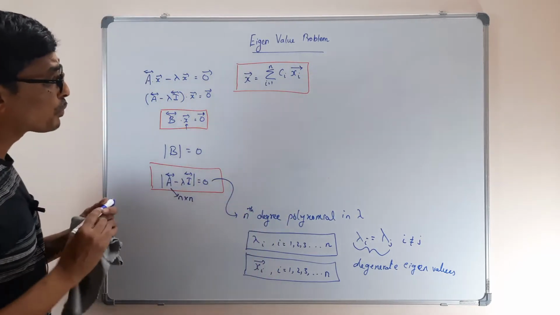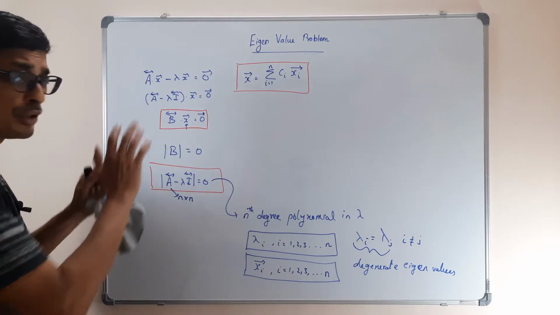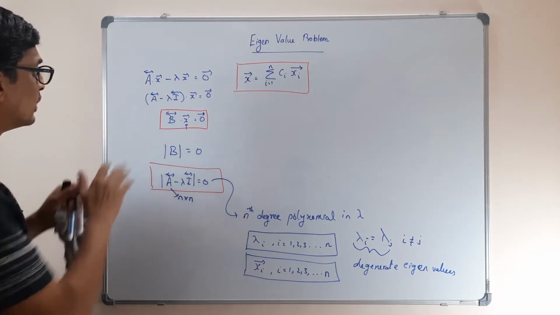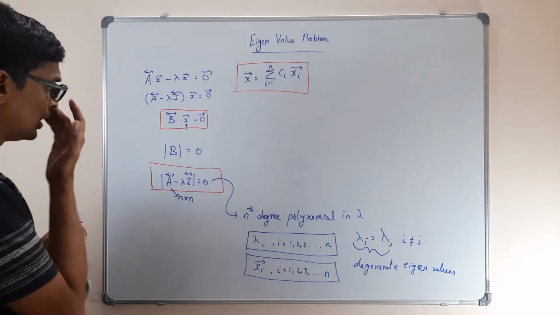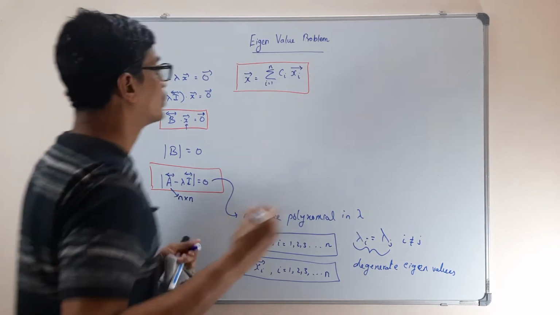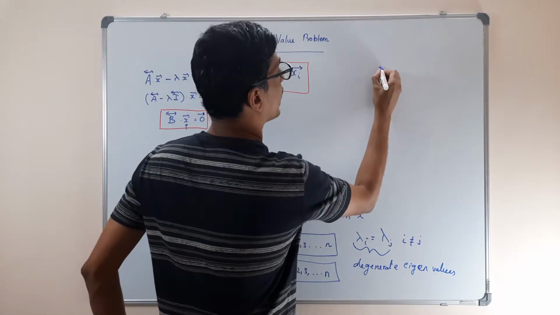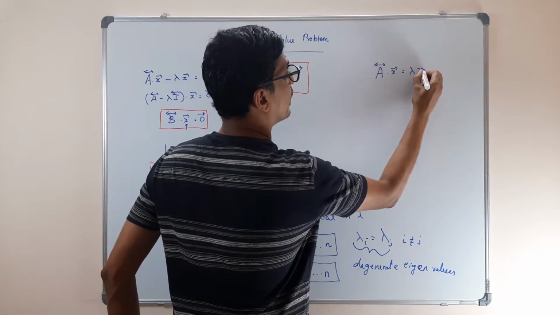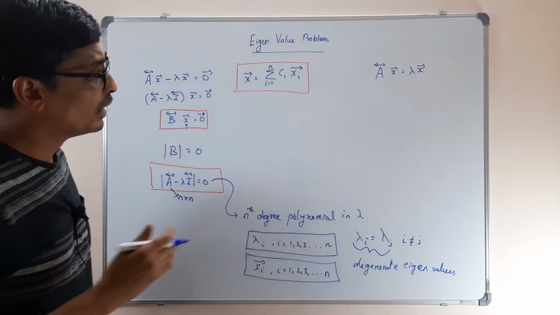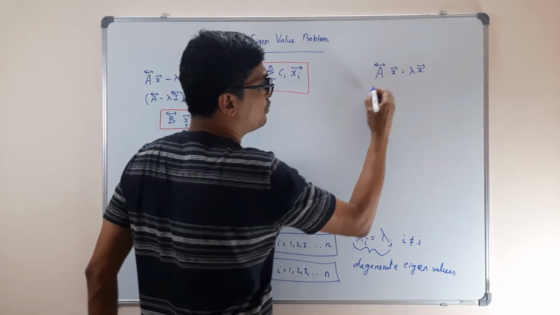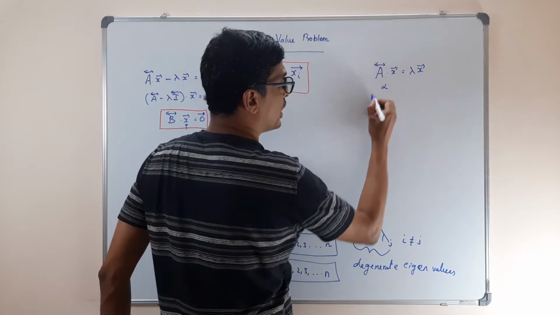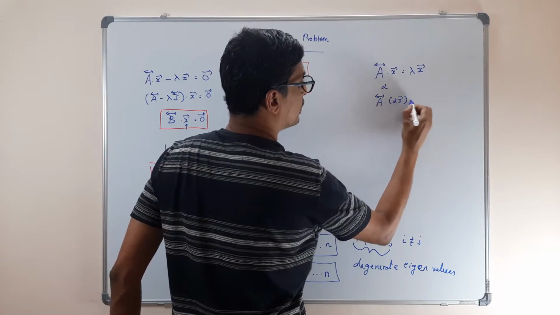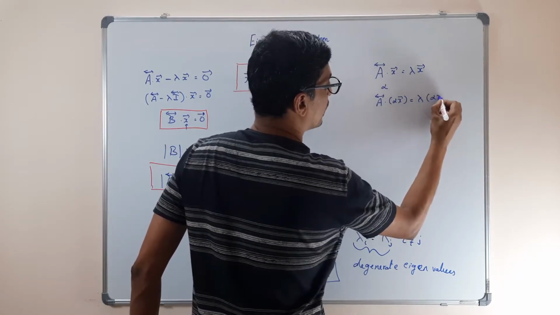Before we proceed into how we are going to numerically identify the eigenvalues and eigenvectors, some interesting properties of the eigenvalue problem are worth noting. The eigenvalue problem is matrix A dot X equals lambda X. Now suppose I multiply both sides by some constant alpha. Then we get A dot alpha X vector equals lambda times alpha X vector.